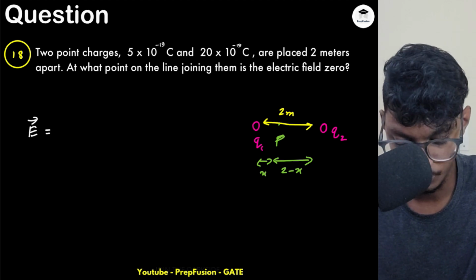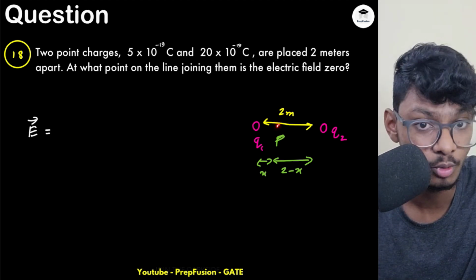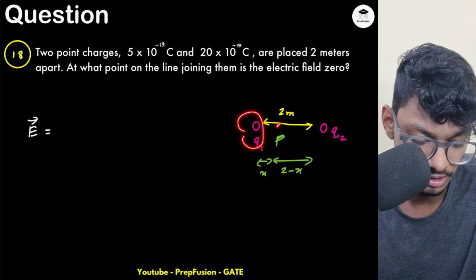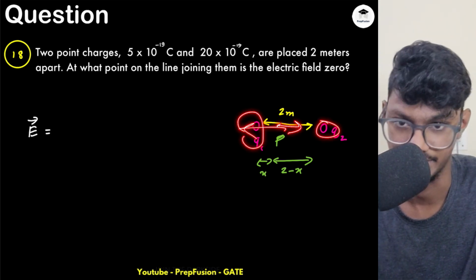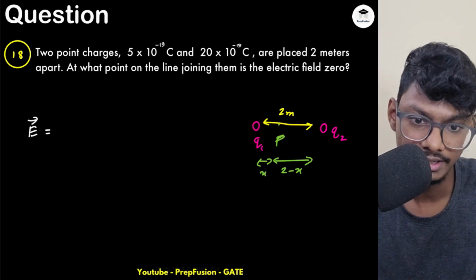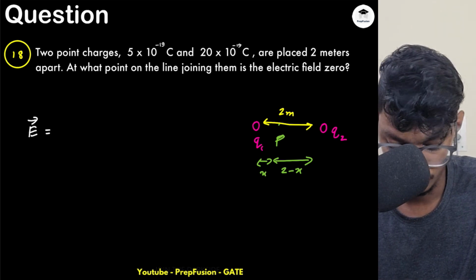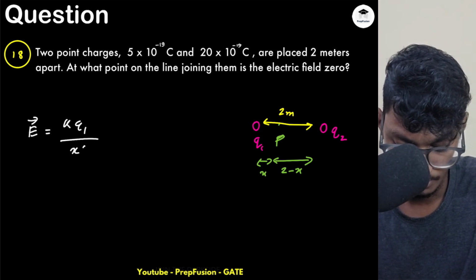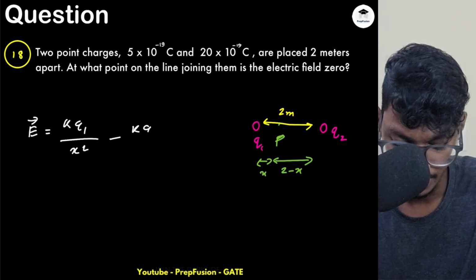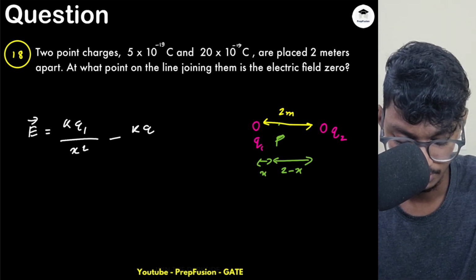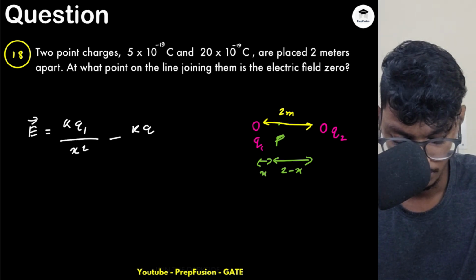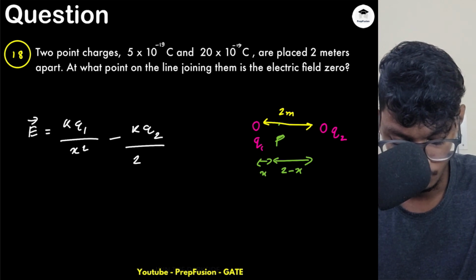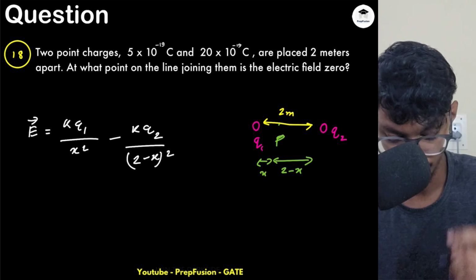At this point, if I place a positive charge here, due to q1 it will be in this direction, due to q2 it will be in this direction, so both of them will cancel each other out. So due to q1 it will be kq1 divided by x square, minus, I have already taken the direction into effect, kq2 divided by 2 minus x whole square.